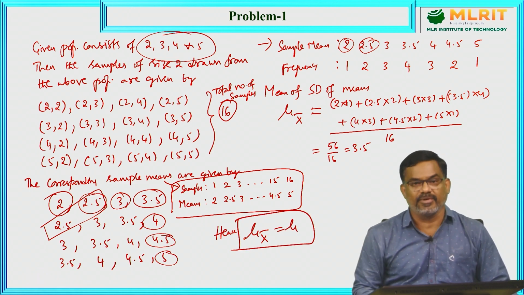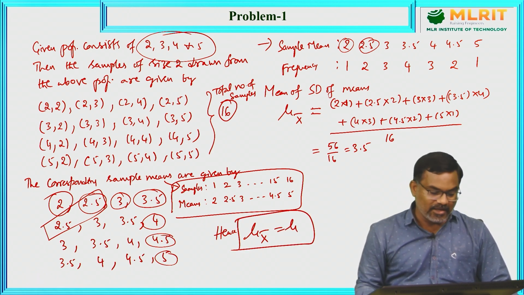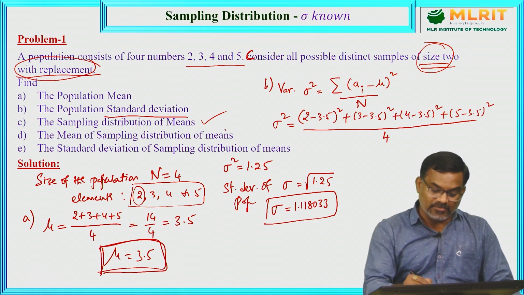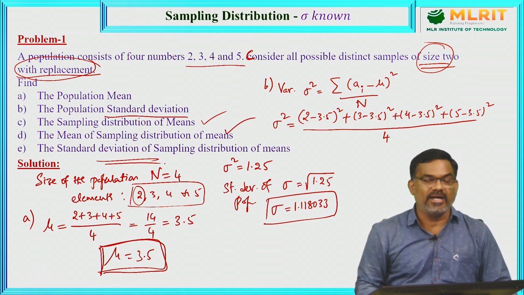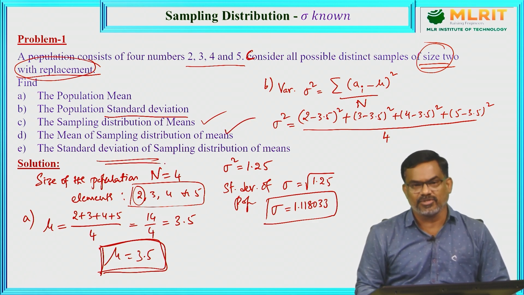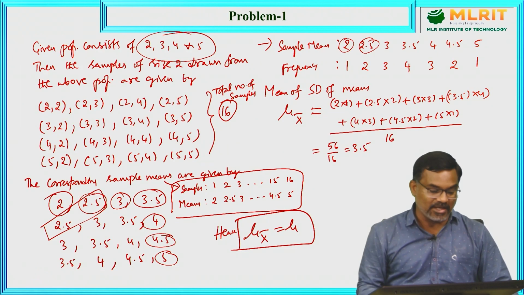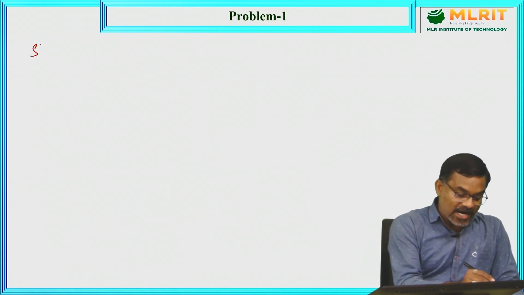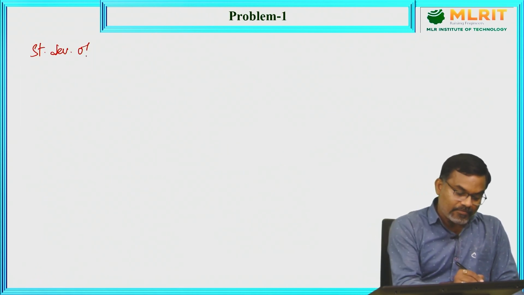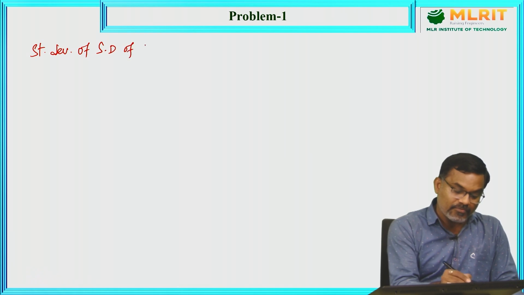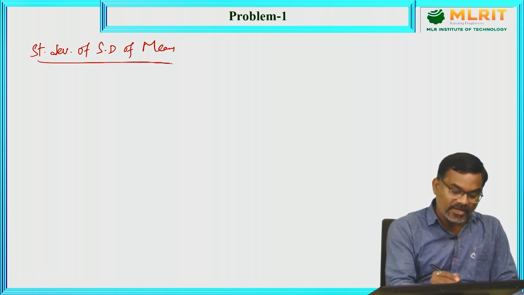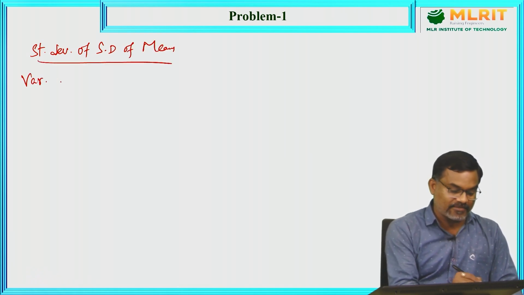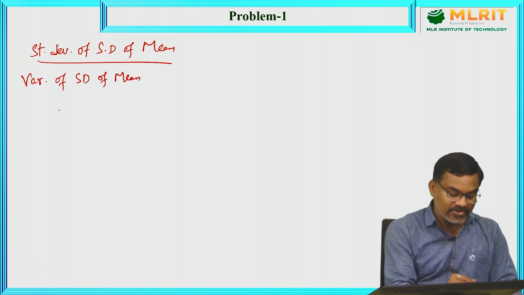This is one observation. Now, in the last question, we have to find the standard deviation of the sampling distribution of means. To find that, first let us find the variance of the sampling distribution of means, which is sigma x bar square.